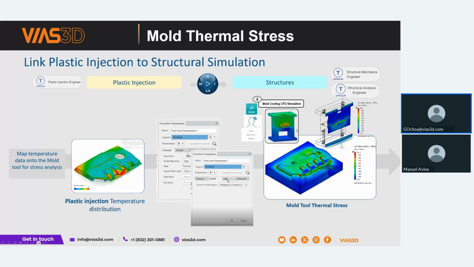And this also happens using the MODSIM approach. No need to share any files or manually updating files. There is a direct communication between the injection molding simulation and thermal or structural simulation.